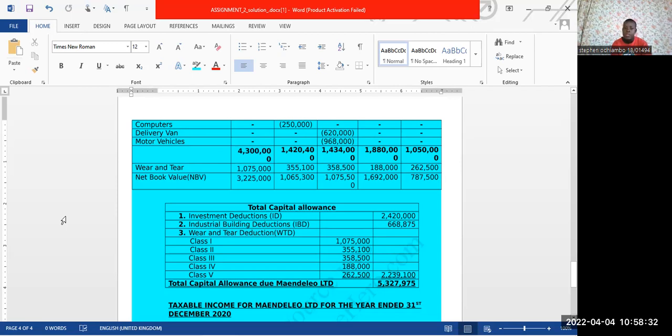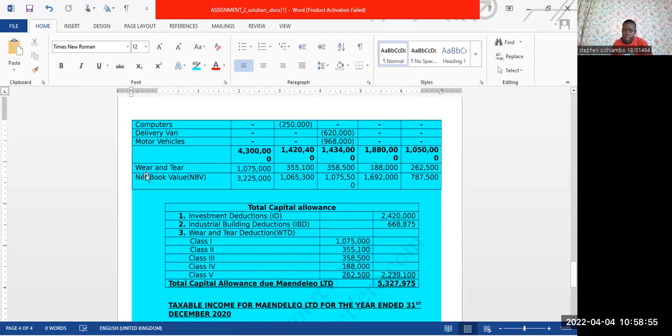We have industrial deduction, then we have wear and tear deduction. So we have class 1, class 2, class 3, and we will define that. So for wear and tear allowances, let's start with these three. Wear and tear allowances, because it is just above this. So wear and tear deduction, WTD, we have class 1 wear and tear allowances, these three.